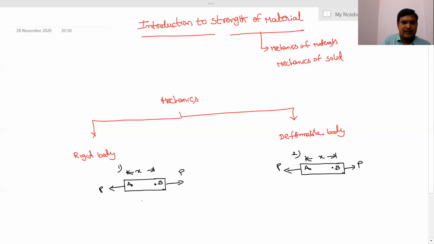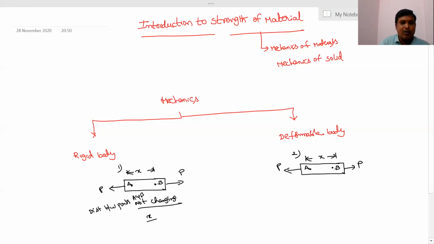In the first case, if the distance between points A and B is not changing, even if you are applying the load, the distance between A and B after loading is X. So that body we call a rigid body.